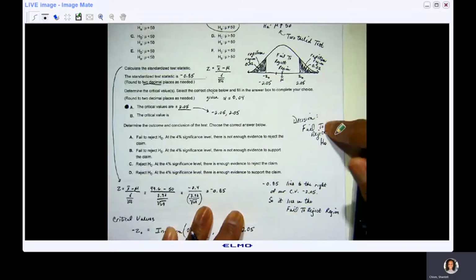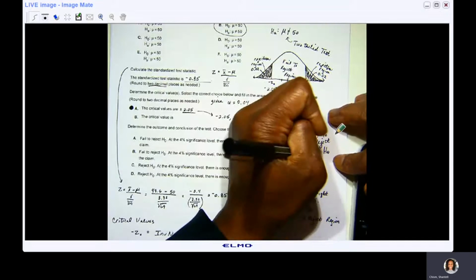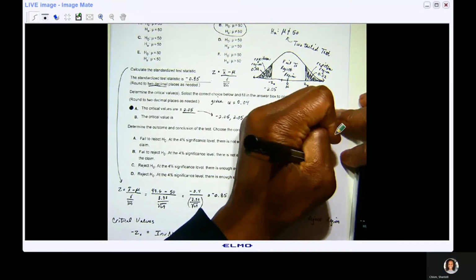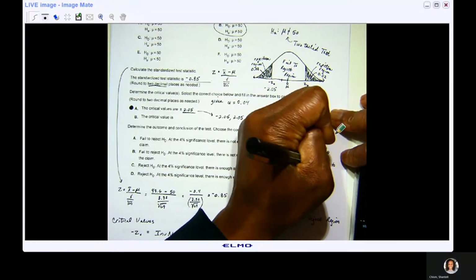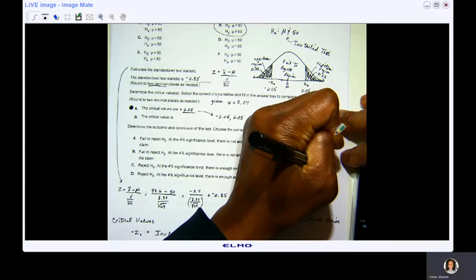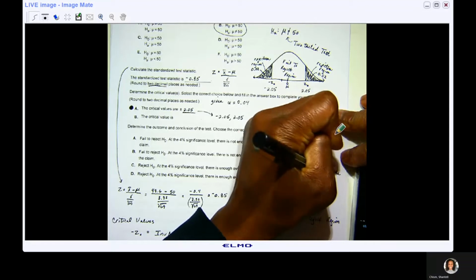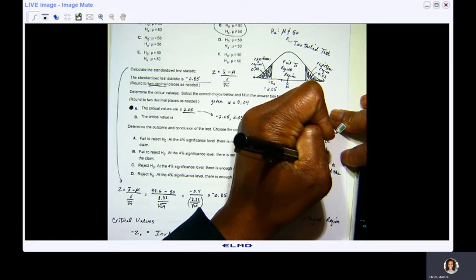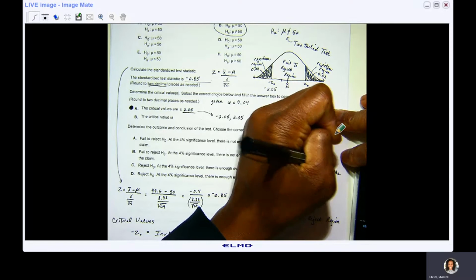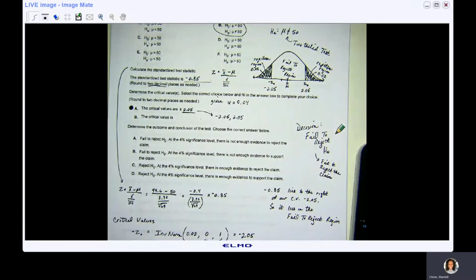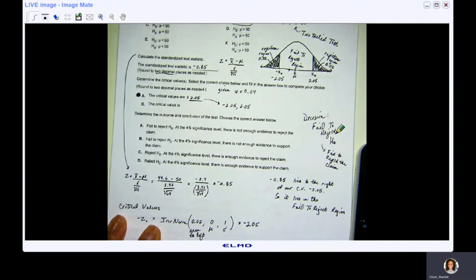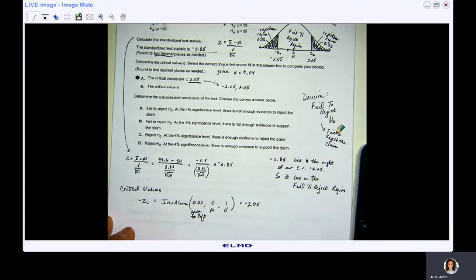So we are failing to reject the claim. Because the claim was H naught, we say there is not sufficient evidence, or not enough evidence, to reject the claim.